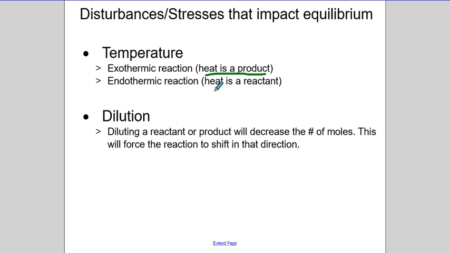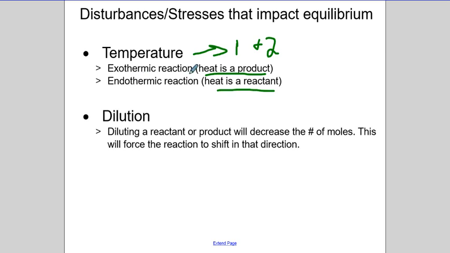If it's endothermic, heat as a reactant. And then this just goes straight back to number 1 and 2. So once we know if heat is a product or a reactant, we treat it as such. And it's the same thing as adding a chemical.